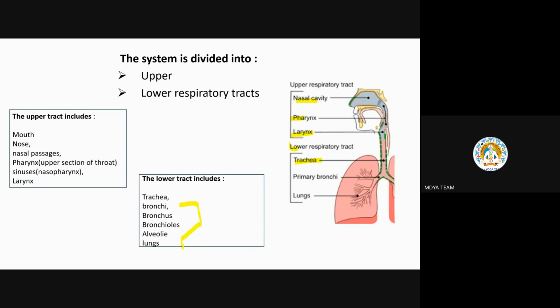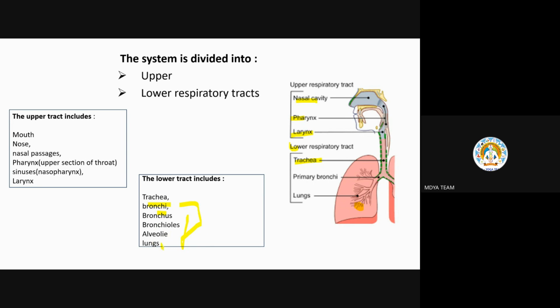All these are further branches of the trachea. Then at the last we have a bulge-like or circular structure, which is called the alveoli, or alveolar sacs as we also call them.